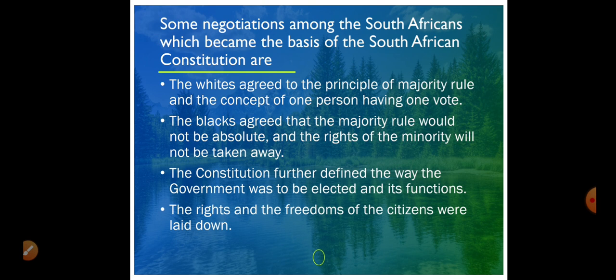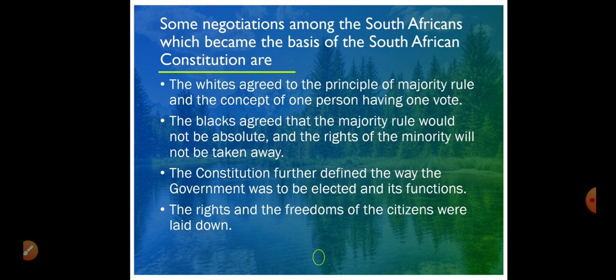Second, the blacks agreed that the majority rule would not be absolute and the rights of the minority would not be taken away. It is obvious that at that time the Europeans were in minority and the South Africans were in majority, and that's why there was a fear of the absolute power enjoyed by the majority.